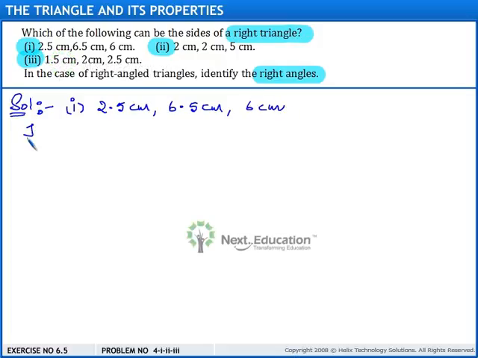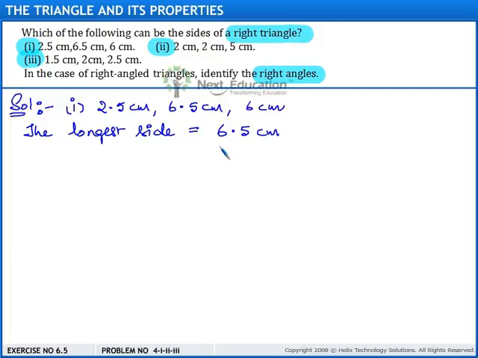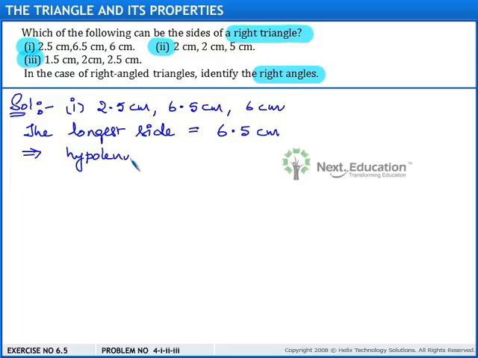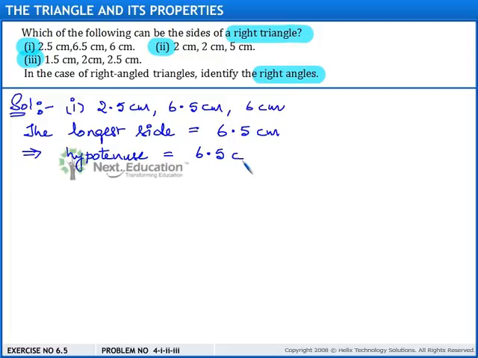The longest side in the above three is equal to 6.5 centimeters, which will be the hypotenuse of the triangle. Therefore, we can say that hypotenuse is equal to 6.5 centimeters.